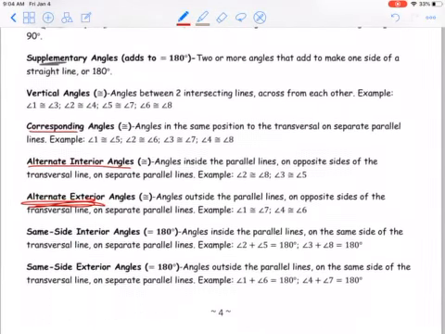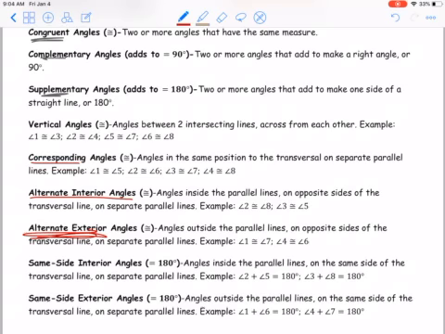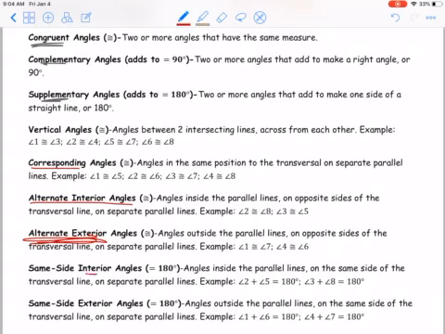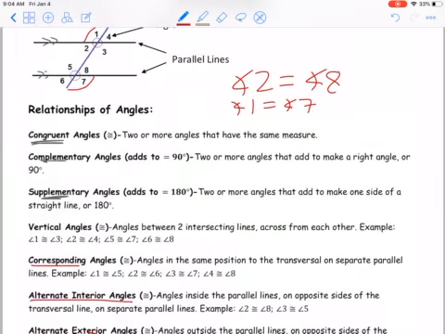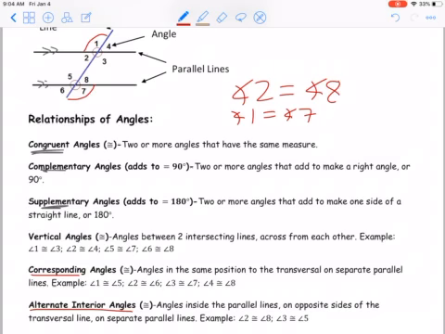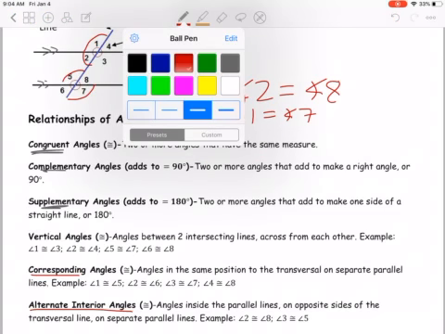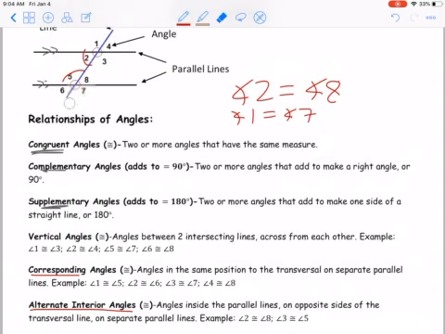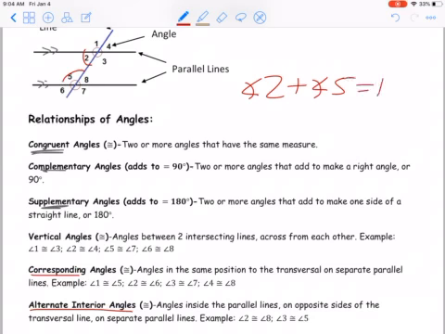Now we're going to talk about when the angles make 180, supplementary. So if they are interior angles, but they're on the same side, so like 2 and 5 are on the same side, those add to 180, which means you set up an equation. So like angle 2 plus angle 5 equals 180. You can do the same thing for 3 and 8 because those are inside.